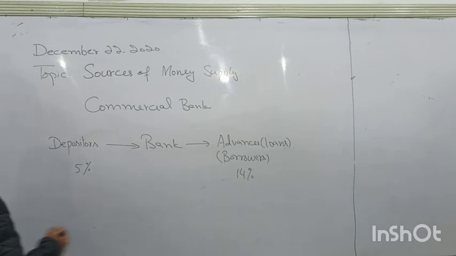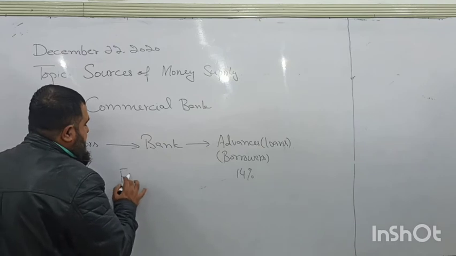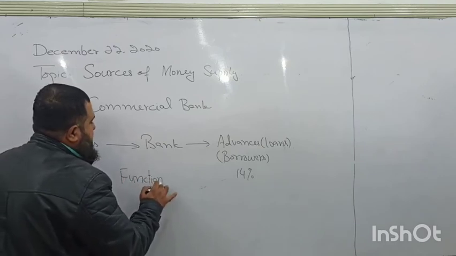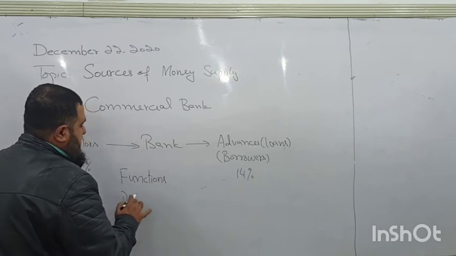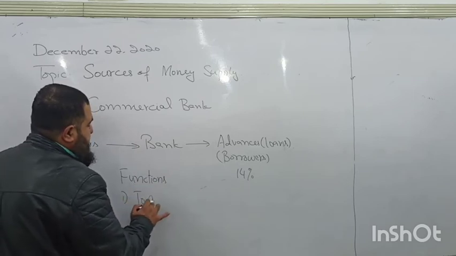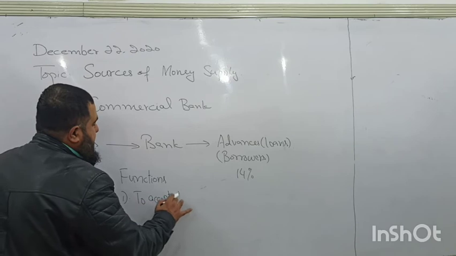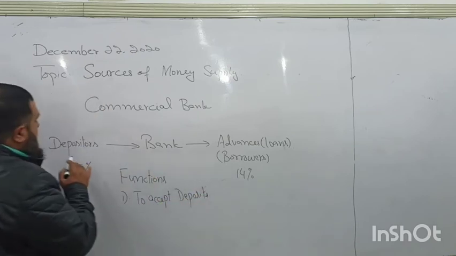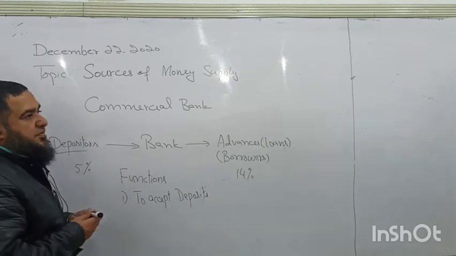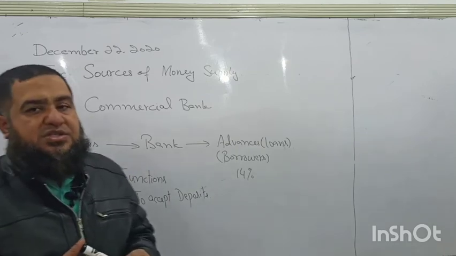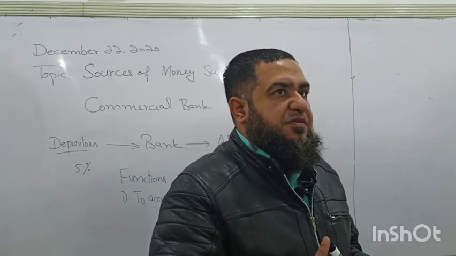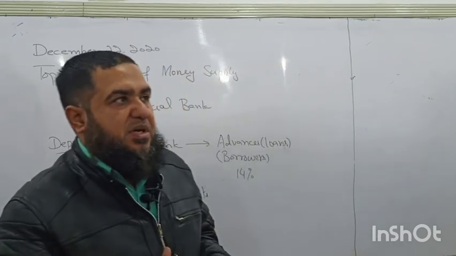So what are the other functions of a commercial bank? One is to accept deposits. And how many types of deposits are there? If you remember, deposits can be in the form of a current account where no interest is paid to the depositor. Only money is kept for safekeeping. This is also called a businessman account.